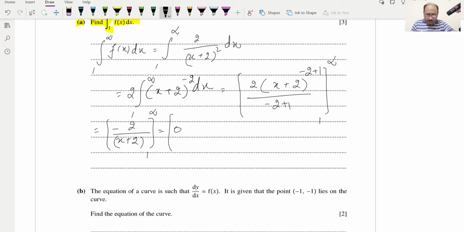For the lower limit we write minus, minus 2 over 1 plus 2, which will be 3, and so finally 2 over 3. This will be the final answer, and this is a 3-mark part which we are done with.